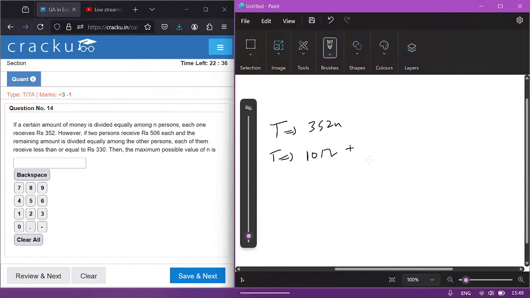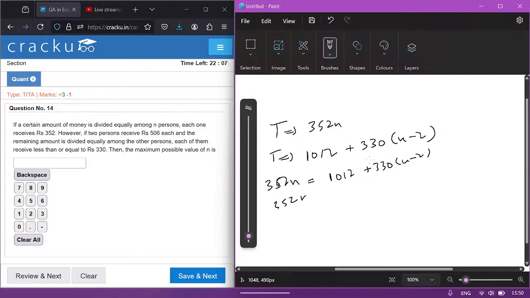So to calculate the maximum value of n, I am taking that every person got 330, 330 into n minus 2. And then we will equate this and find n. If we don't get an integer answer, then we can do all the inequalities, less than equal to. So this will be equal to 1012 plus 330 into n minus 2.